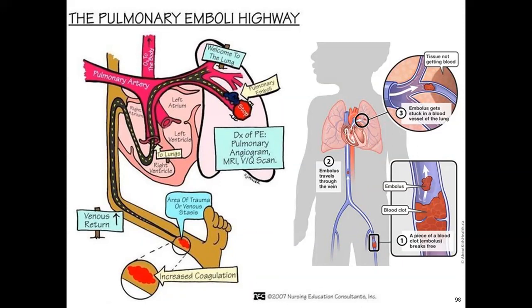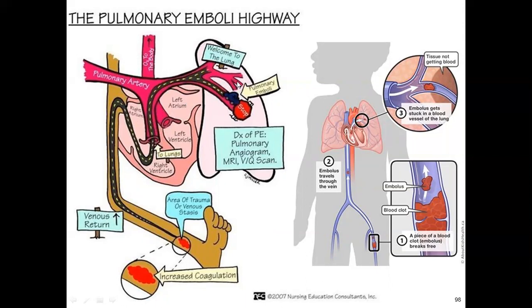This emboli travel from the lower extremity to the inferior vena cava and finally enter the heart, right atria, right ventricle. Through the pulmonary trunk, they enter the lungs.